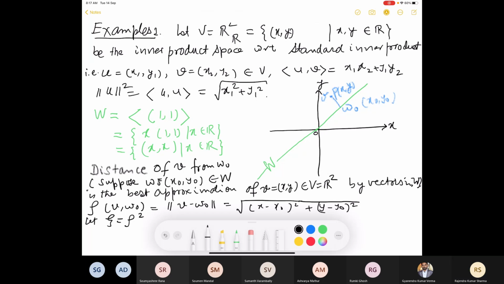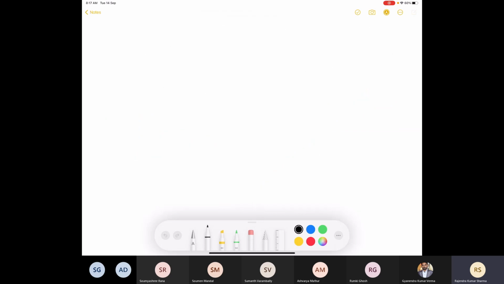So it's better to remove the radicals and think of this xi as the square of this. So xi is what? Xi is your x minus x naught square plus y minus y naught square.